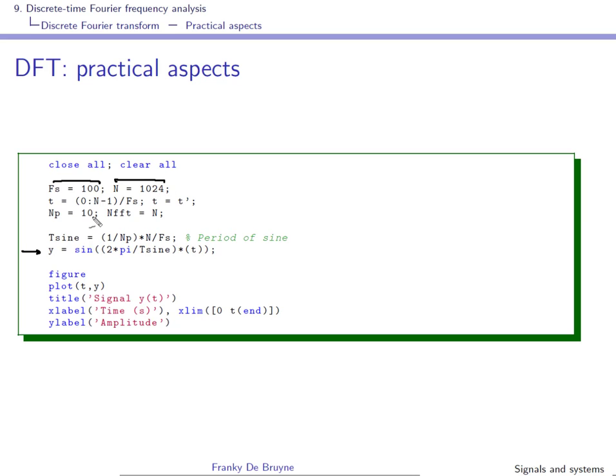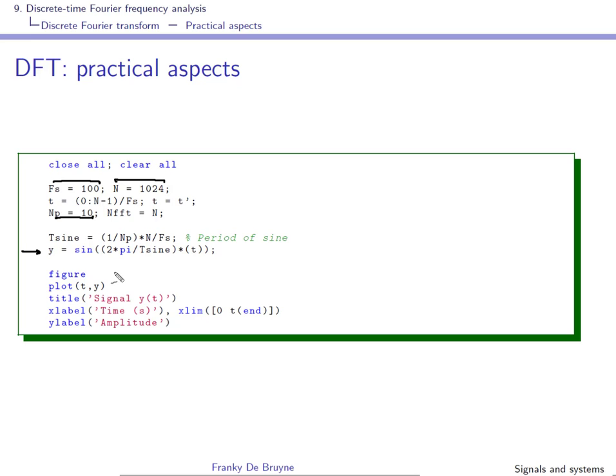We'll take 10 periods of the signal and we compute the period of the sine in such a way that we start with 0 for the first sample and the last sample is such that the next sample, the one that would follow, is again 0. We do this to prevent spectral leakage.